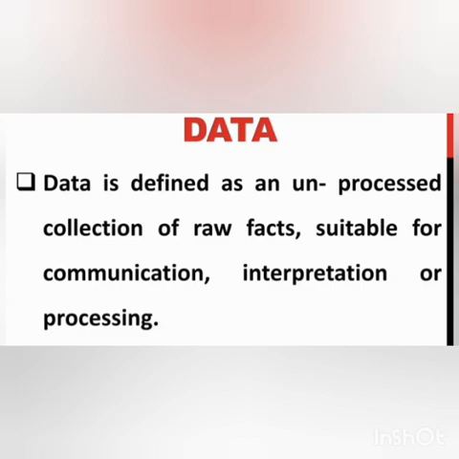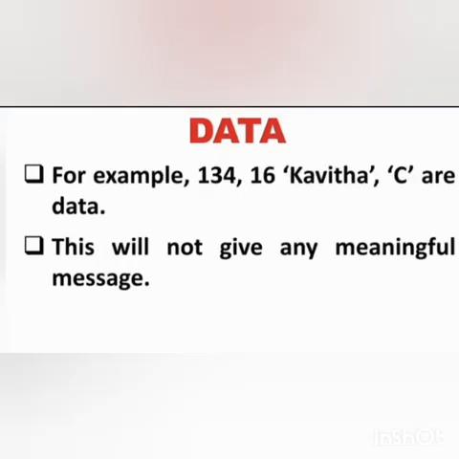For these three things, the data is mainly used. For example, 134, 16, Kavita, C are data. So these four are data. This will not give any meaningful message because 134 is just a number. Kavita may be the name of a person or a shop.